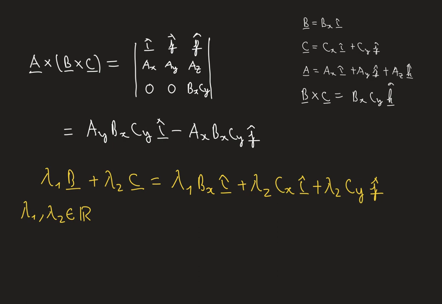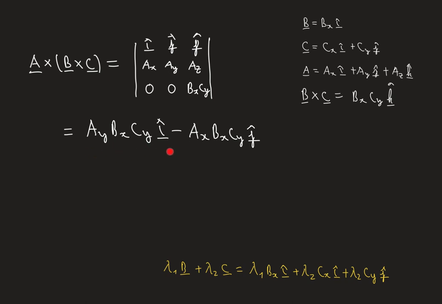Now we notice here that we are on the right path of deriving our formula, because here we have bx that multiplies the i hat unit vector, and here we have a similar expression, except we have ay and cy. However, we also need a cx component for the i hat direction, but in our expression over here we do not have cx. Okay, and for j hat we're also on the right path because we have a cy component, which is similar to this expression.